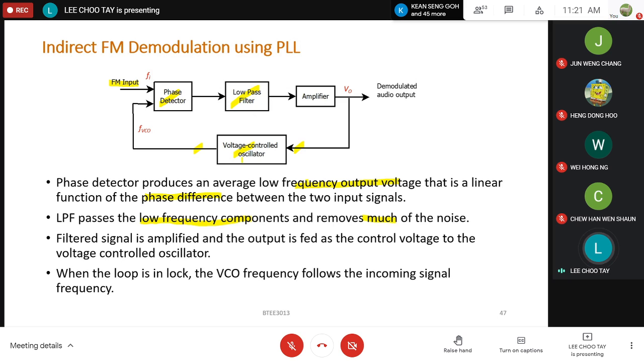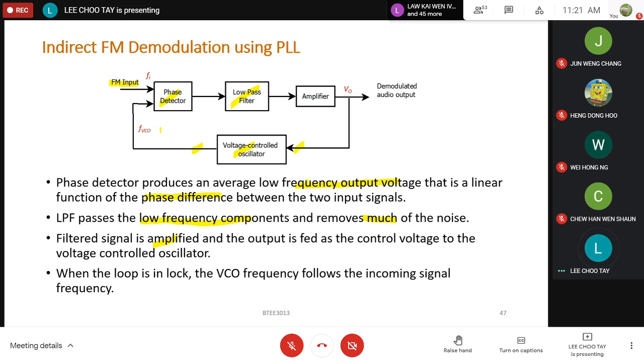Yeah. Then this filtered signal is amplified. All right. Then the output of this amplifier is fed to the voltage control oscillator. So this becomes a control voltage. Right. Then the output of the VCO is fed back to the phase detector again.